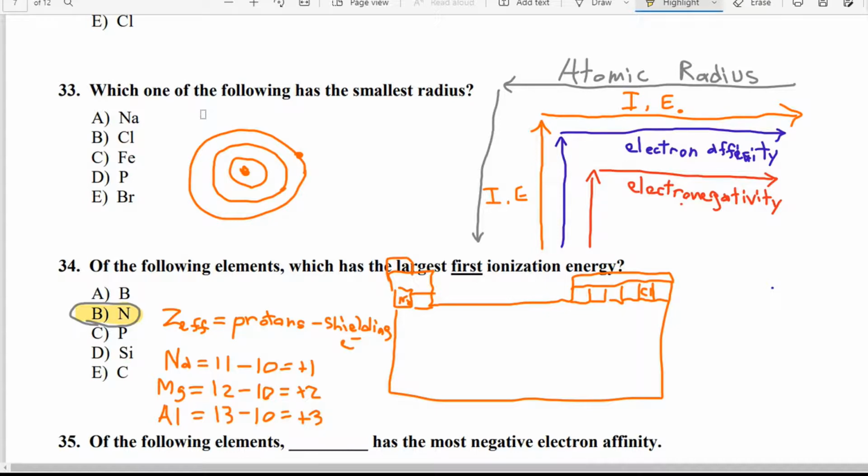Wait. Yes, it would be. Very good. Not sodium. Chlorine. Yeah. 33 would be B as well.